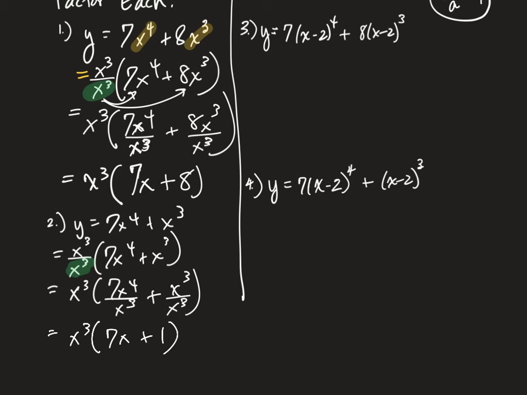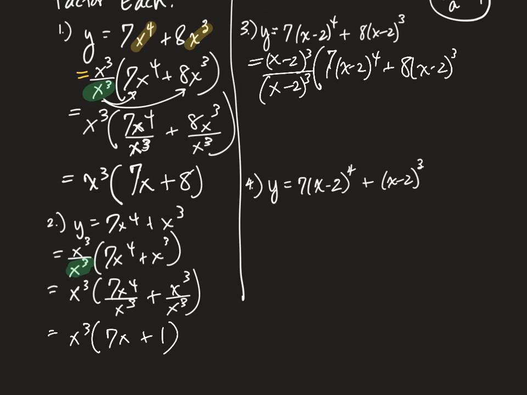So let's try that with our little bit more complicated ones, where the factor isn't just an x, but an x minus 2, and do that same strategy. So I'm going to multiply by the common factor, not x plus 2, x minus 2 to the 3rd, over x minus 2 to the 3rd, times 7 times x minus 2 to the 4th plus 8 times x minus 2 cubed.